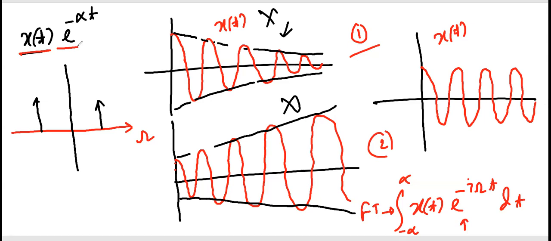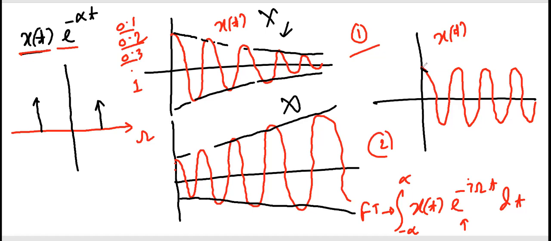If the alpha is positive in nature, so that means 0.1, 0.2, 0.3, or even 1, in all the cases, it actually gives some decaying signal.